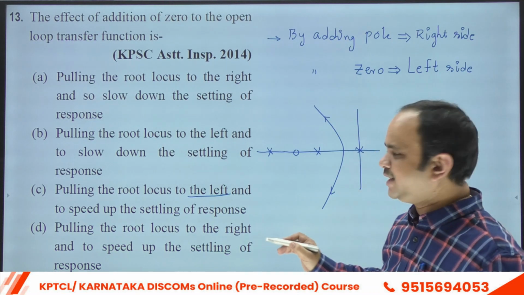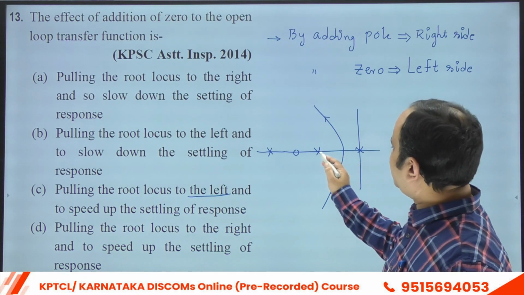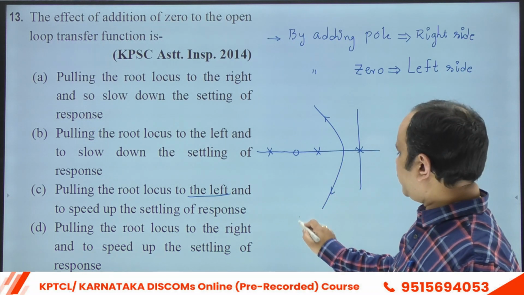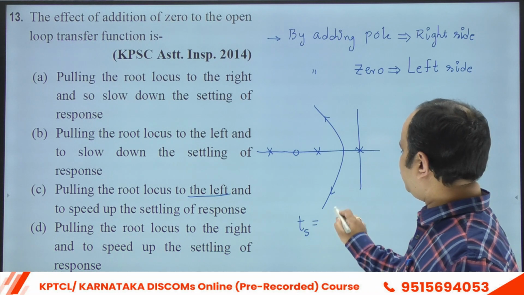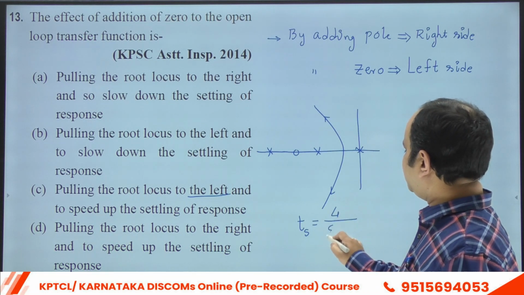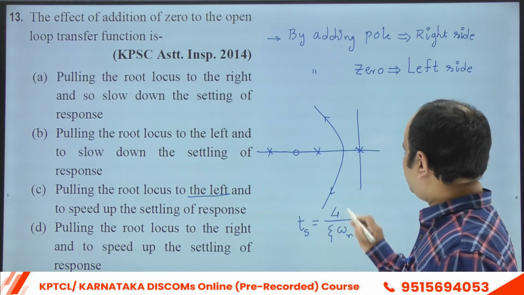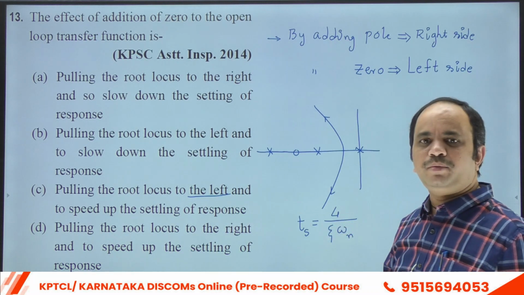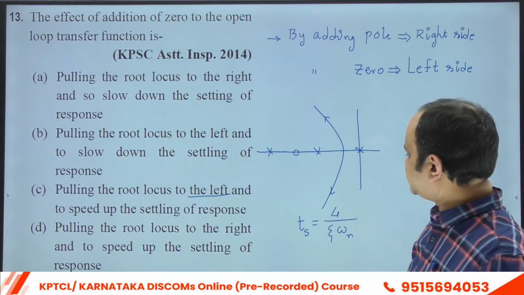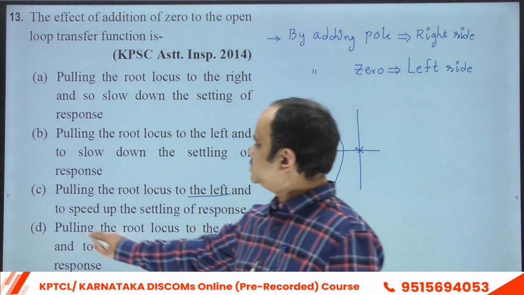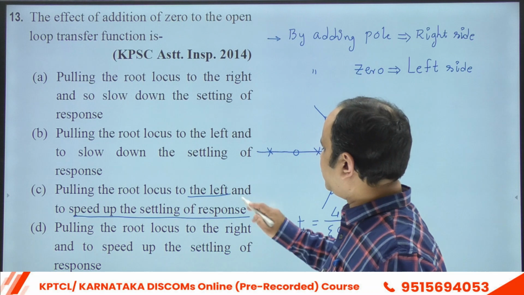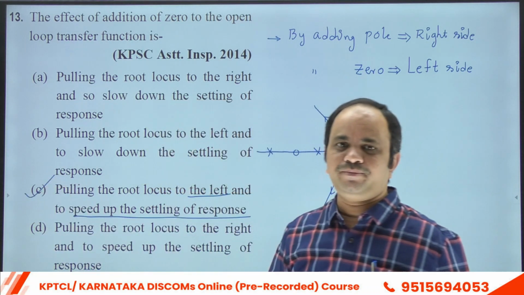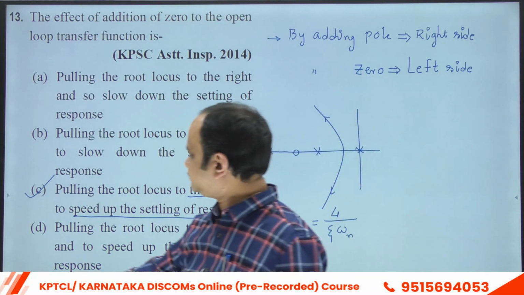Therefore, when gain k increases, the real part of the dominant pole will increase. The settling time formula is 4 by zeta omega n. So when the real part of the dominant pole increases, the settling time will decrease, which means the speed of settling of the response increases. Therefore, option C will be the correct answer.